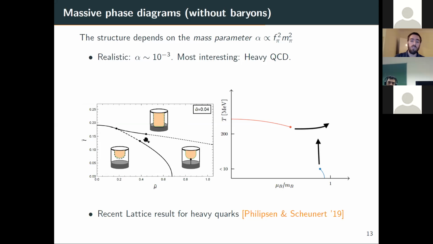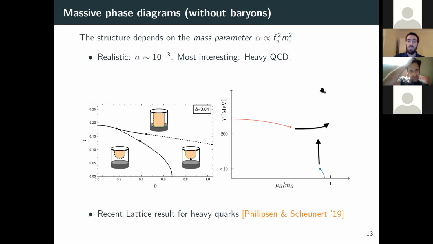And moreover, it's very similar to what appeared last year in a recent paper, which, don't ask me how they do it, but they managed to overcome the sign problem in the limit of heavy quarks. So in the limit of heavy quarks, under some approximations, they managed to study what the phase diagram of the theory looks like, and they get a phase diagram that looks like this. This is just a curiosity.